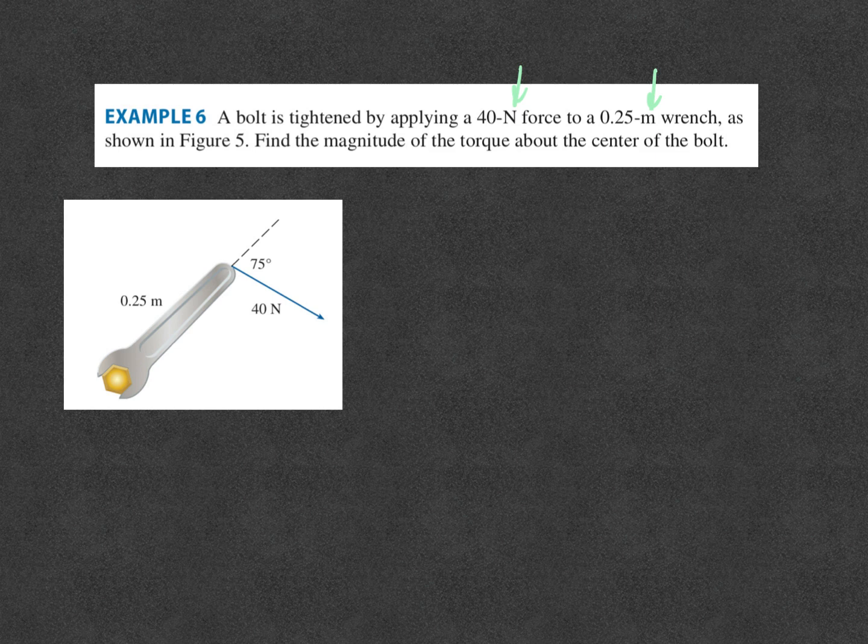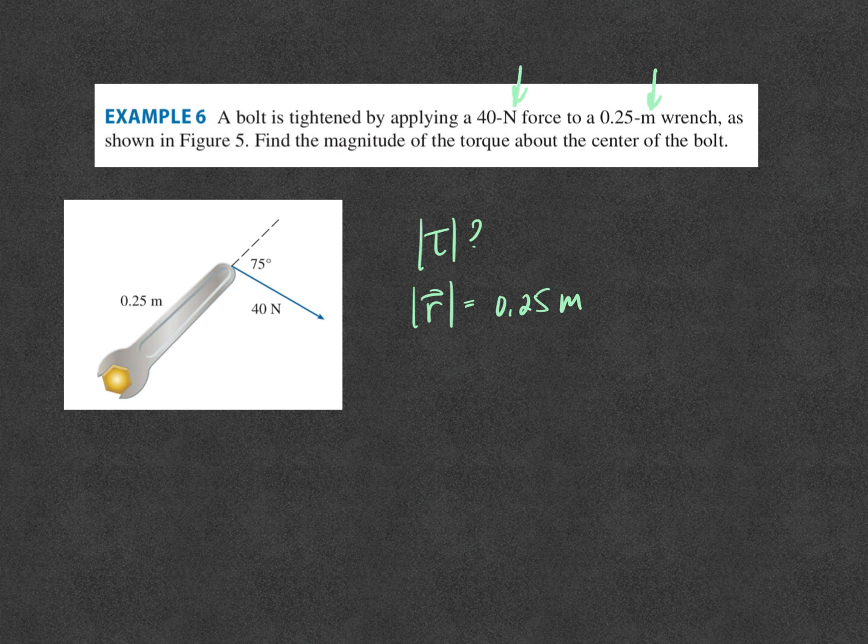So you can see they drew all of these things onto a picture for you. Remember, we're looking for the magnitude of the torque. I like to make a note of what I'm looking for. And we're not given R, but we're given the length of R to be 0.25 meters. Nice that it's in meters. We don't have to change that.